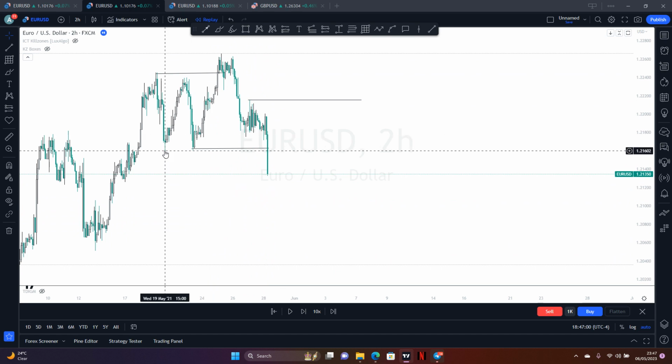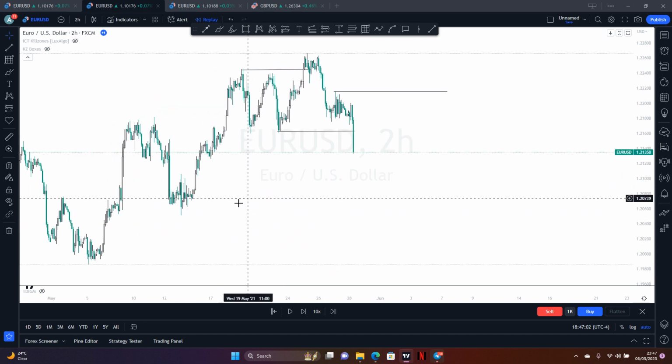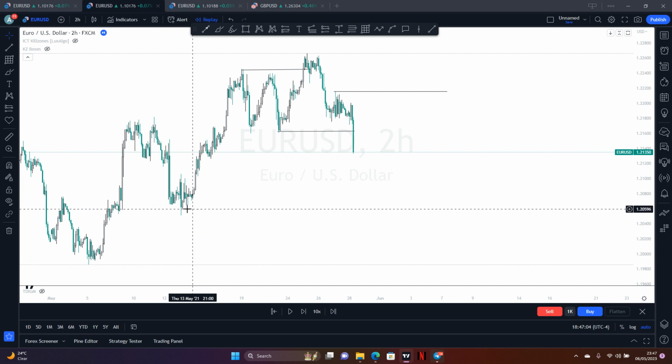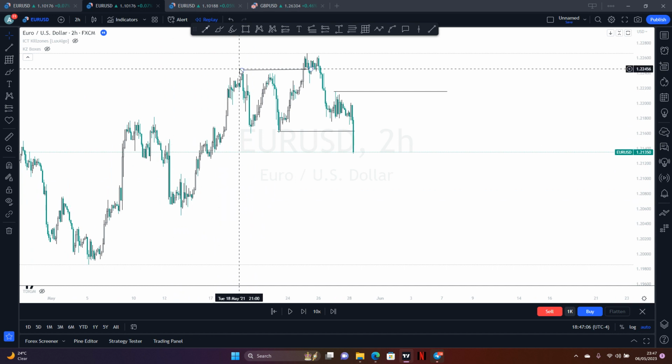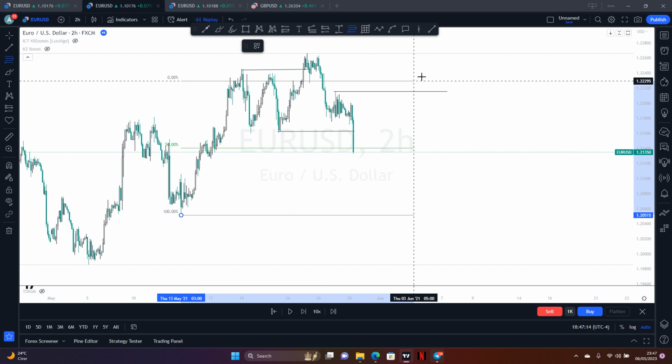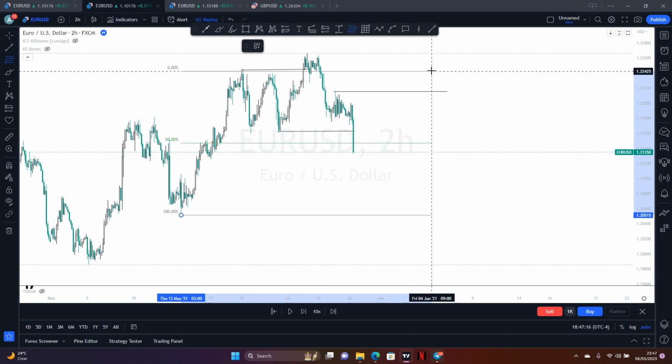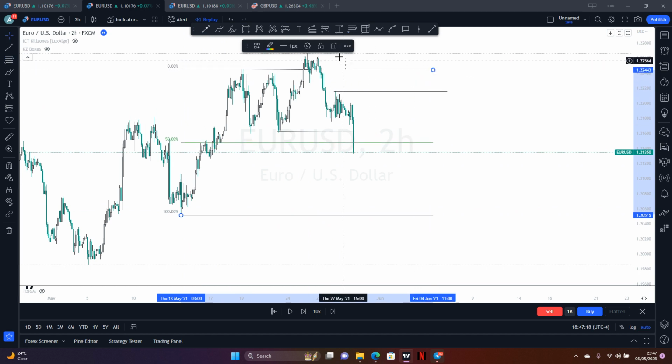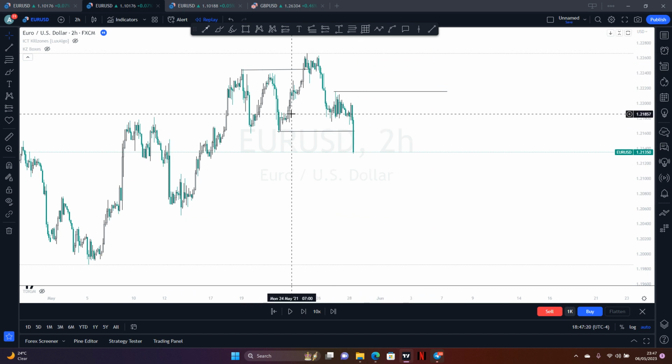But for me, this wouldn't really be a valid low. This one grabbed structure and then produced this break of structure and then came down. Was it at discount? No, it didn't retrace into the discount. Okay, so this is not valid.